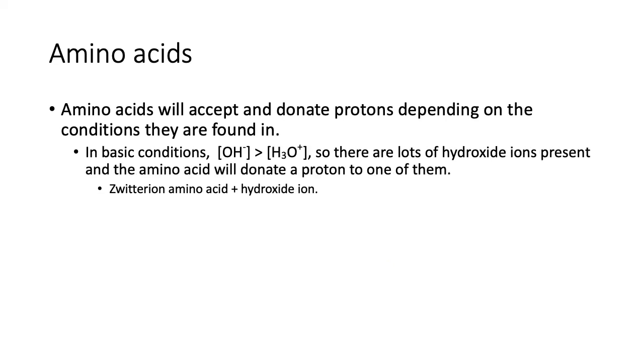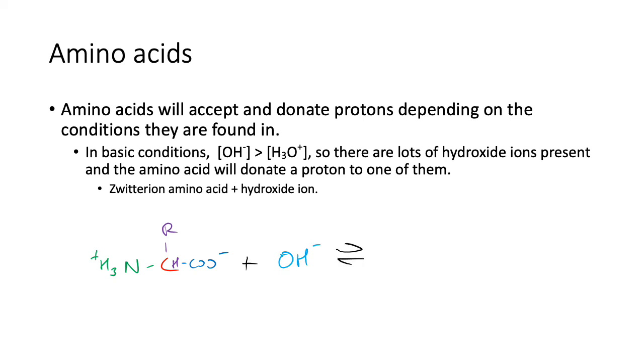What's it going to look like when hydroxide is in basic conditions? So let's draw that out. Here you have your zwitterion form. Don't forget the H and the R group, and you add in a whole bunch of OH minuses.